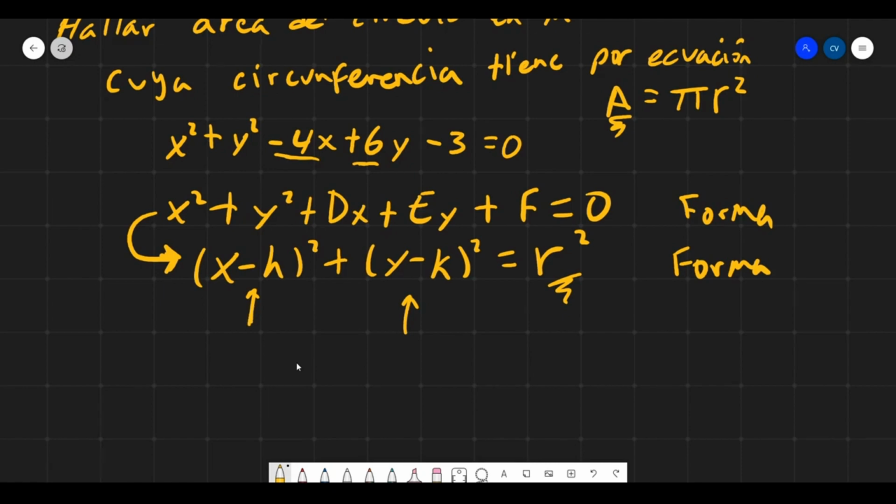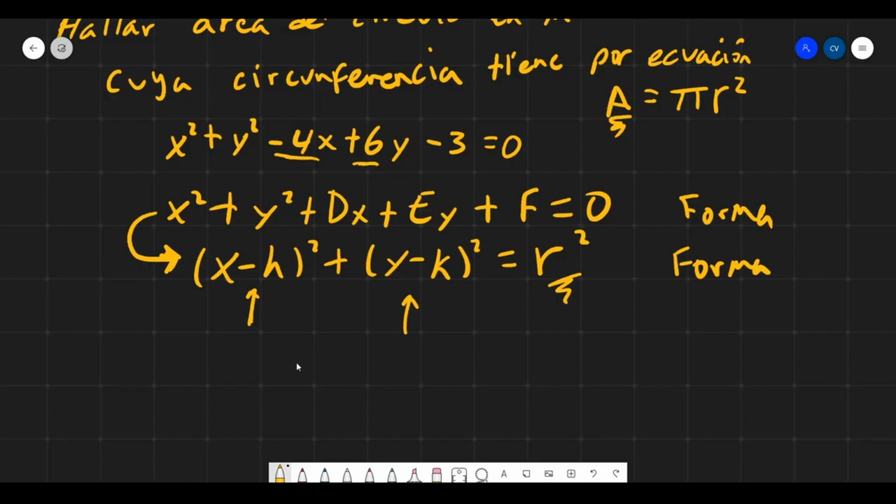Remembering that the linear part of the squared binomial has a variable, it is the double product of the two elements of the binomial. So, if it is the double product, then I have to divide it by 2, and minus 4 divided by 2 gives me 2, and obviously the variable will be x.